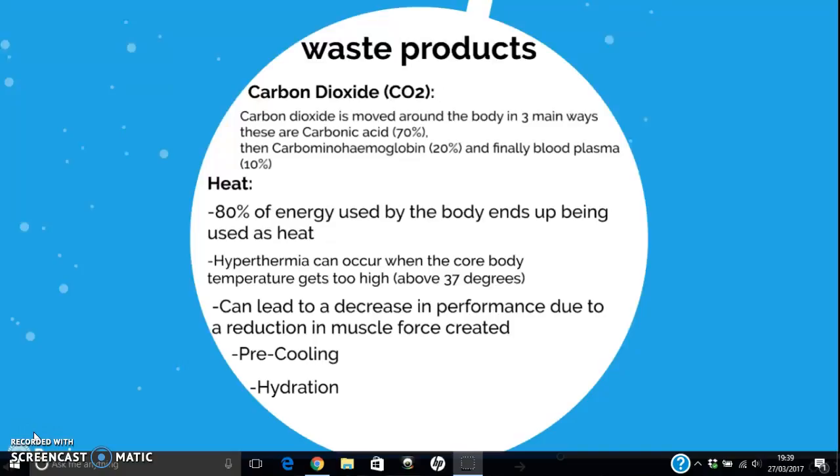And then finally, ensuring that the performer maintains hydration levels is vitally important in ensuring that fatigue doesn't become a problem, overheating doesn't become a problem to lead to those fatiguing aspects.